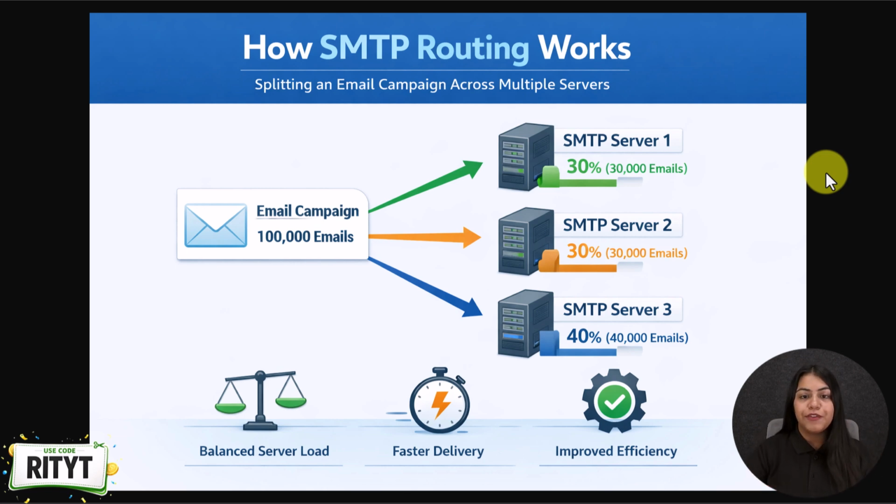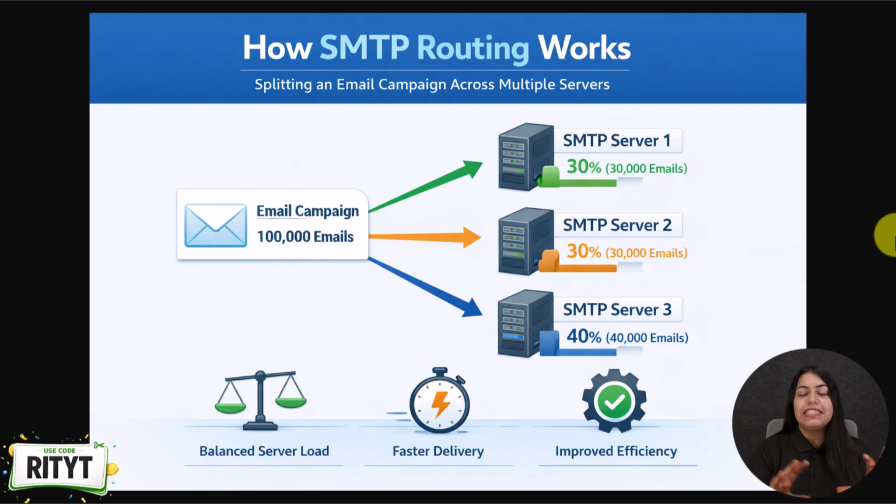For example, if you're sending a large campaign of 1 lakh emails, you can distribute the sending like this: 30% through server 1, the next 30% from server 2, and the rest 40% from server 3. This helps you balance the load across the servers and allows you to send the emails much faster and more efficiently.